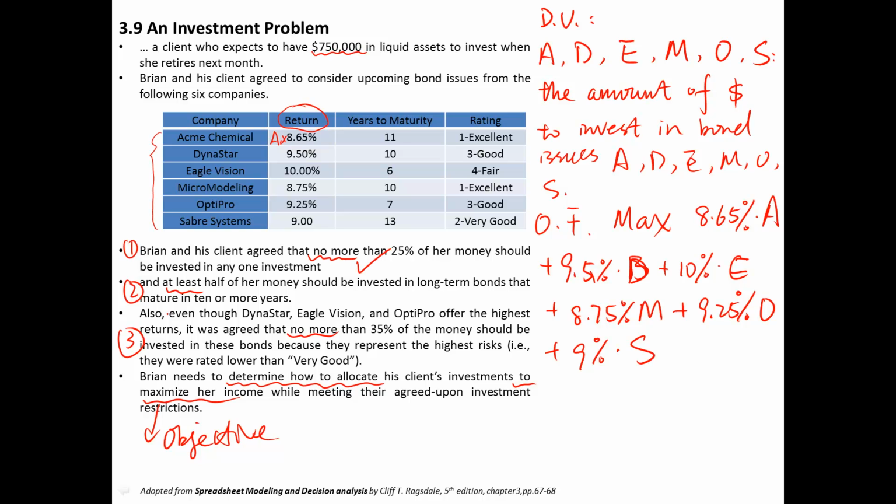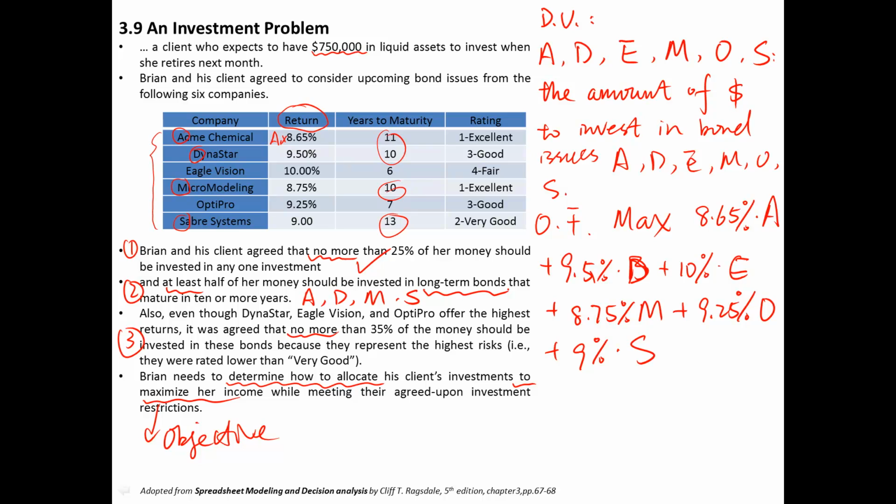Check. Then the second constraint: at least half of the money should be invested in long-term bonds that mature in 10 or more months. And we've already identified it's these ones. That's A, D, M, and S. These are the long-term bonds.